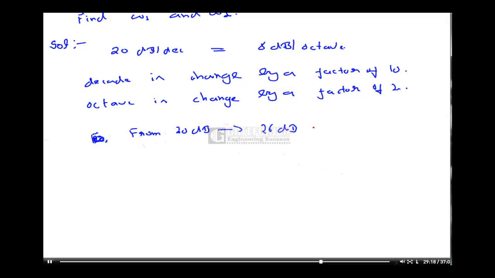That means the change is equal to 6 dB. So if the frequency is 10, then omega 1 will be 2 into 10, which is equal to 20 radians per second.